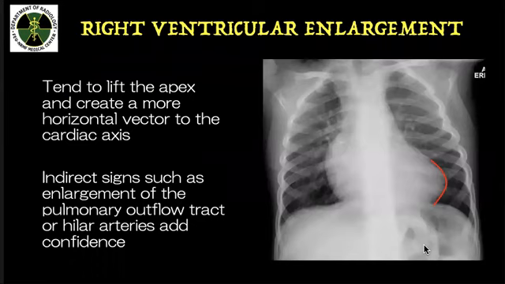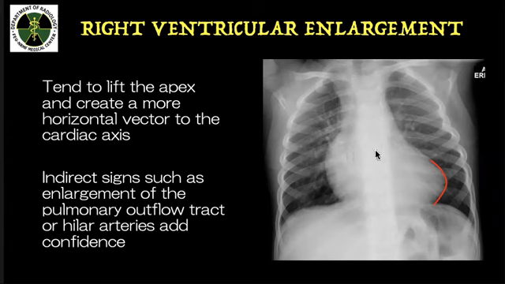Then right ventricular enlargement, it tends to lift the apex and create a more horizontal vector to the cardiac axis. Indirect signs such as enlargement of the pulmonary outflow tract or hilar arteries.